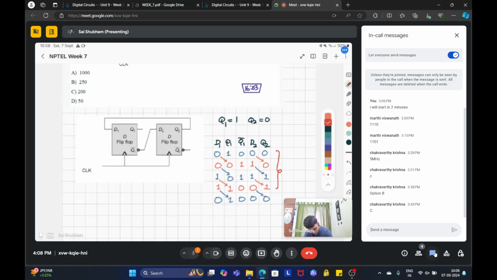So what will be the frequency? We know that for this transition, the clock had to give a positive edge. So there was 0, 1 for this.